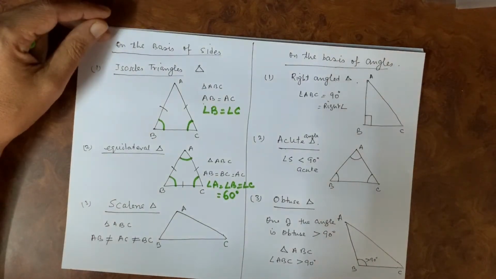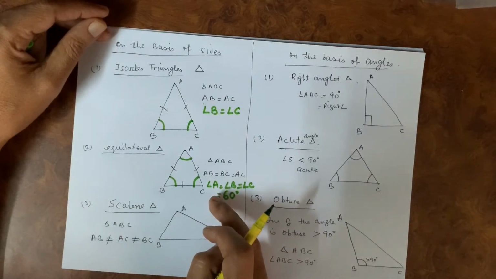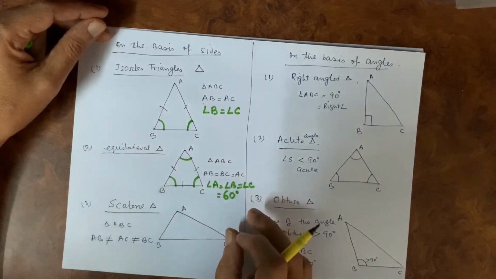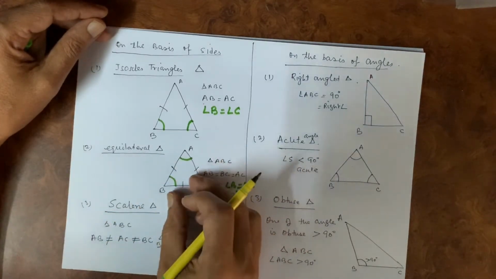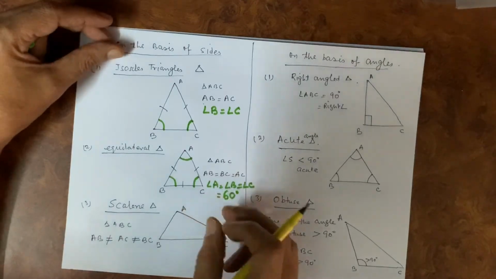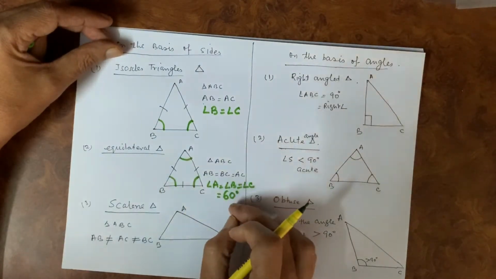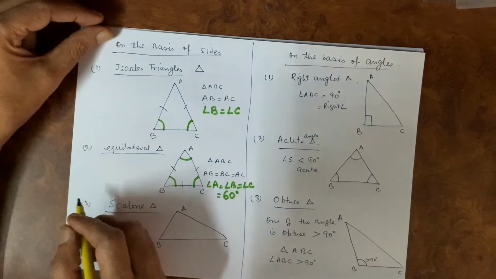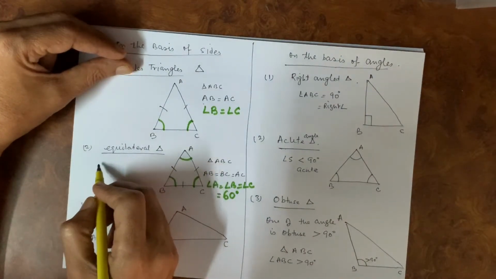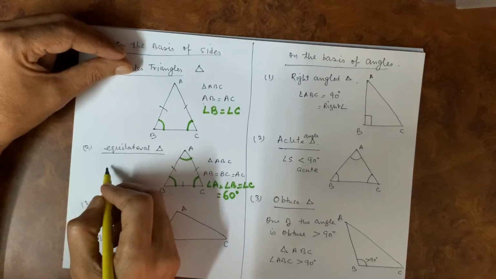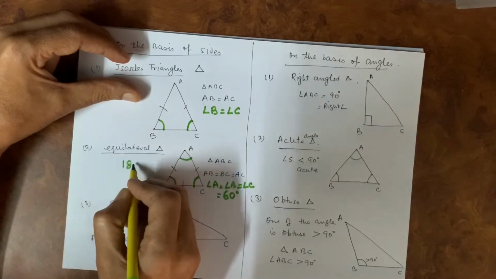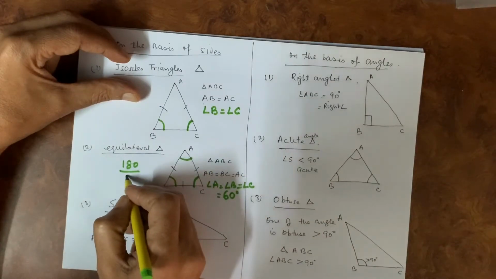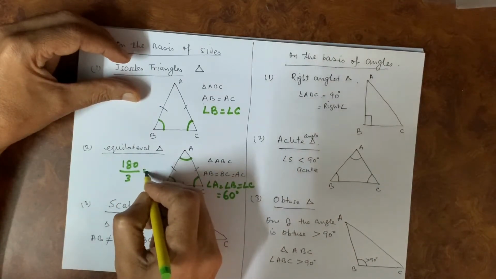So all the three sides are equal, all the three angles are equal, and all the three angles are equal to 60 degree. Because you know that sum total of all the three angles in a triangle is 180 degree, and when all the three angles are equal, then one angle will be 180 by 3 is equal to 60 degree.